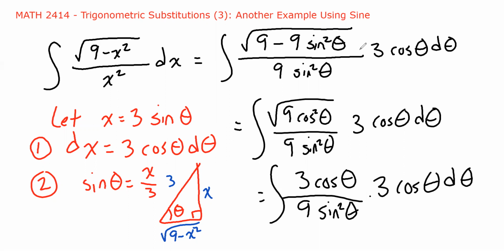All the constants will cancel, because you have 3 times 3 on the top, together that's a 9, so those all cancel. And we have a cosine times a cosine on the top, so that'll be a cosine squared. So now the integrand is going to be cosine squared over sine squared, both of theta. Let's write that on the next page.